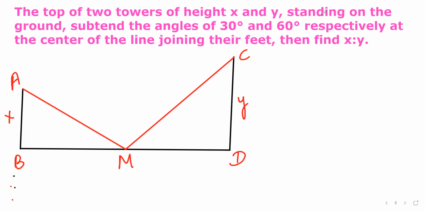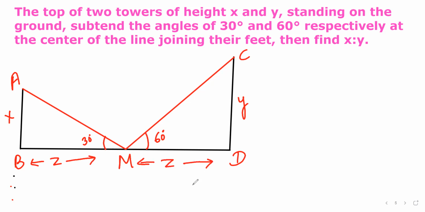And the angle made with the ground is 30 degree, and angle made by the another elevation is 60 degree. And from here to here, let me take the length as Z, and from here to here is also length Z.